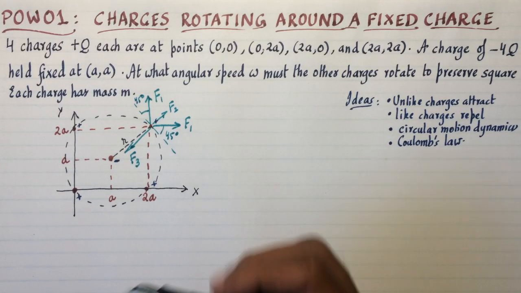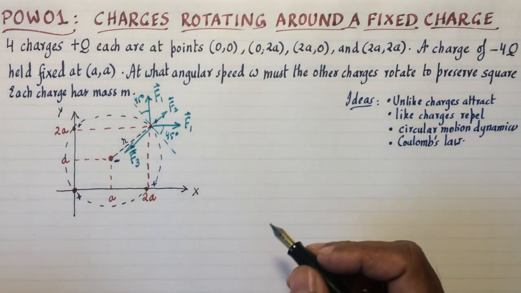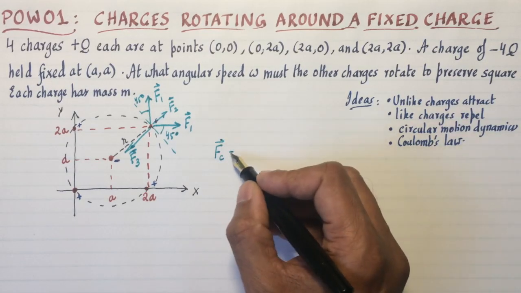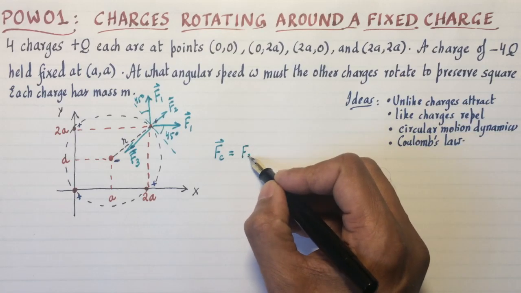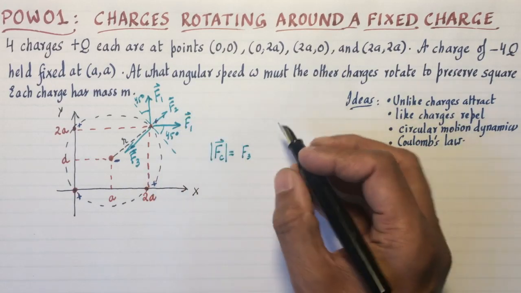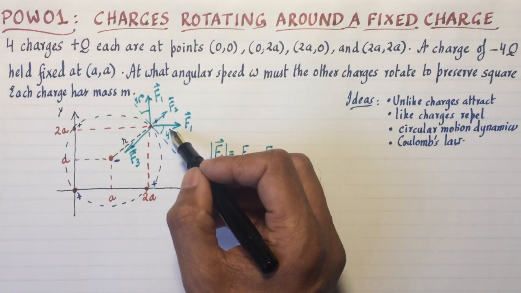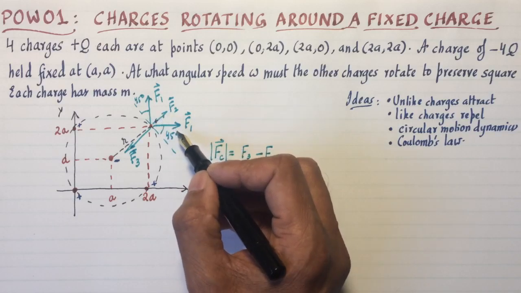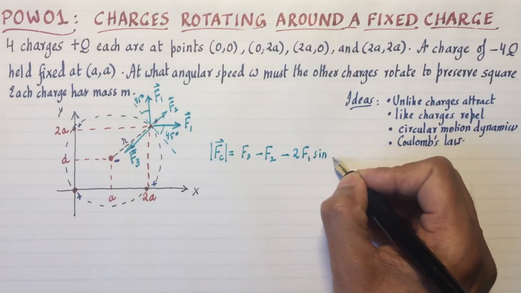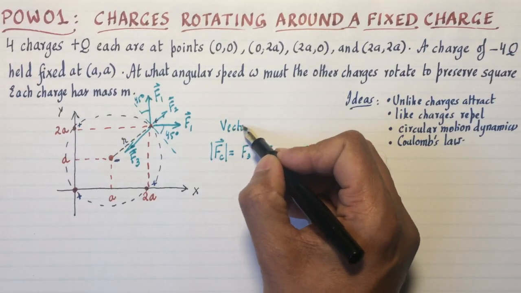So these are all vectors, so I can write down a vector addition statement: the centripetal force F sub c acting towards the center is going to be, in magnitude, F3 minus F2 minus 2 times sine 45 times F1. Okay, so that's the vector resultant.